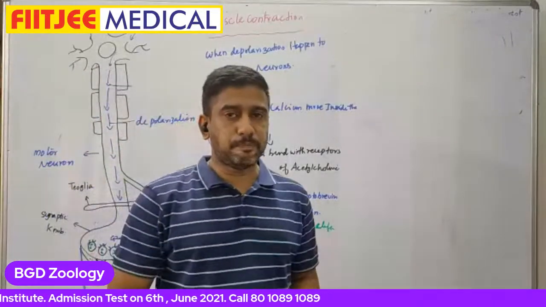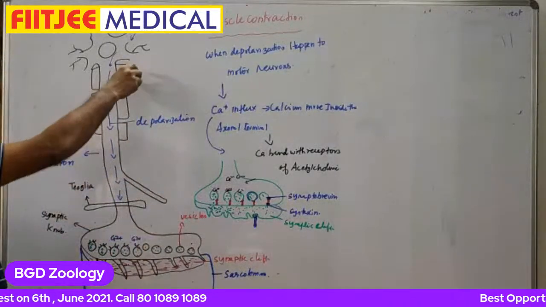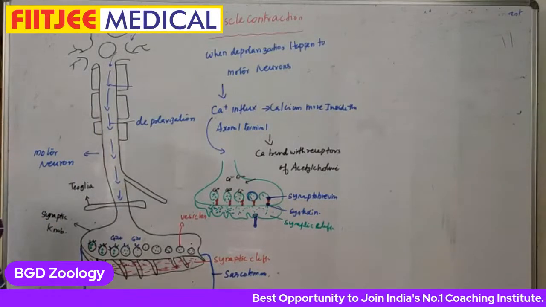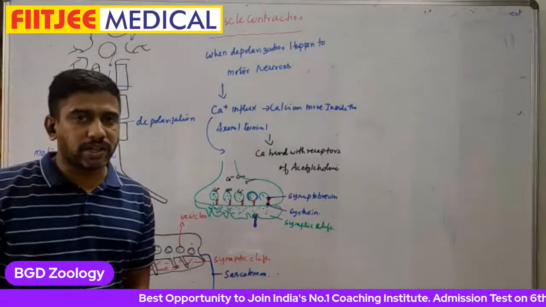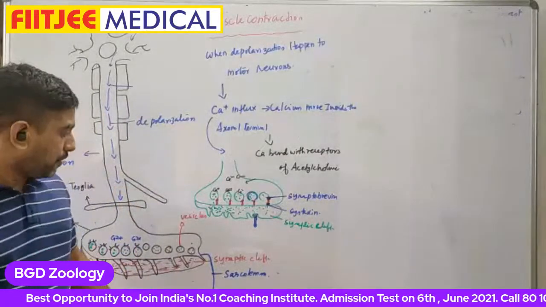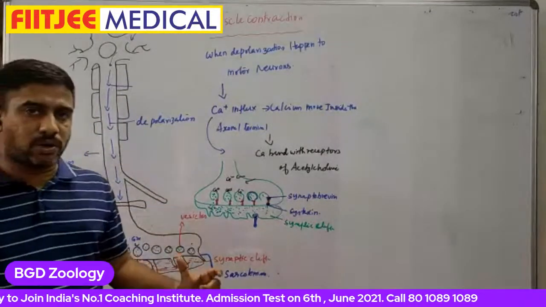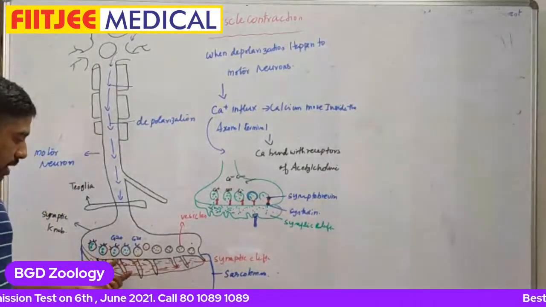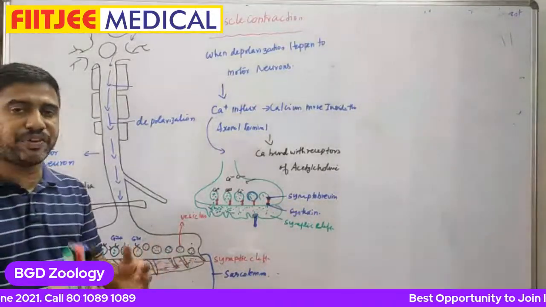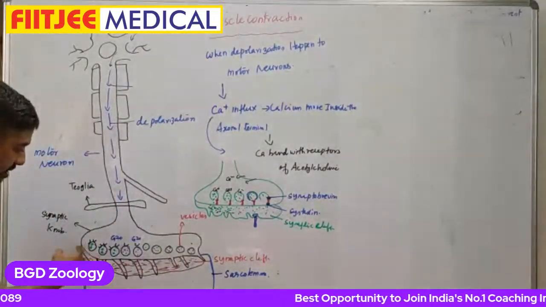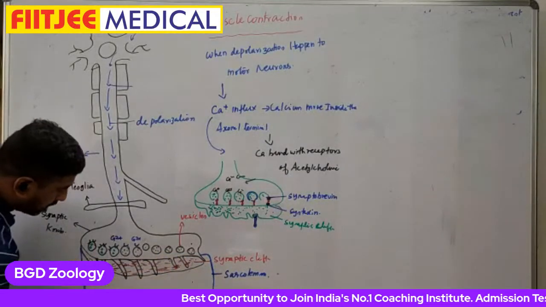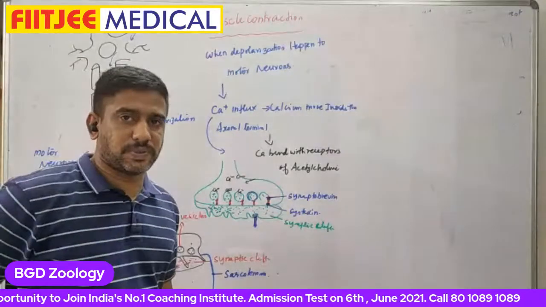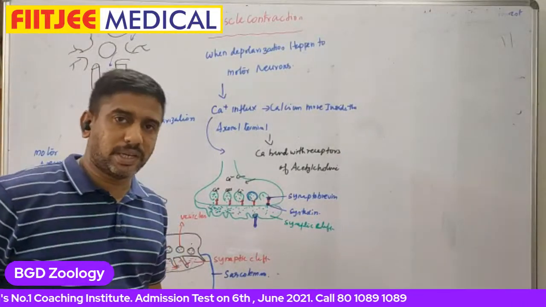So please understand, if you want to bring information from a neuron into the muscles, you have to understand some basic things. First of all, we require an axon. That axon should have an axonal terminal. That axonal terminal should have the vesicles inside it, containing acetylcholine. And this axonal terminal will be connected with a sarcolemma, the membrane of the muscle fibers. Clear that much?